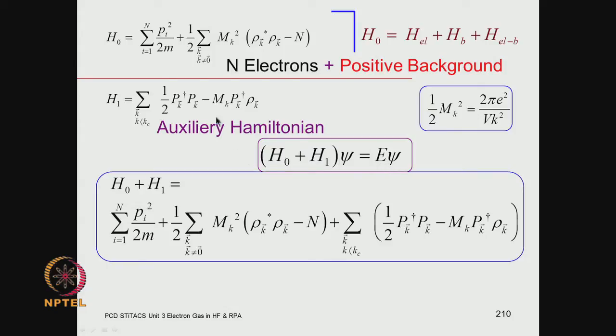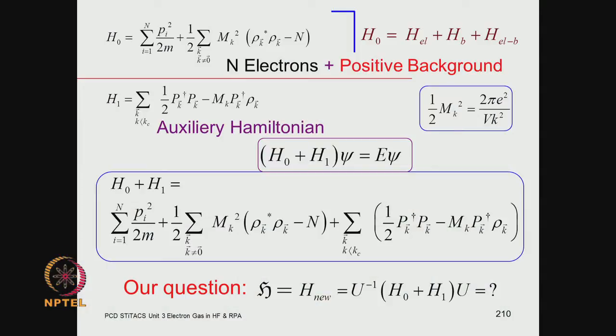We now add these two terms. So, you have got two terms in H0, another two over here. We write this summation, which is the new effective Hamiltonian, made up of the real Hamiltonian for the electron gas together with the auxiliary Hamiltonian, and we ask how this sum H0 plus H1 will transform under the unitary transformation that we have defined.